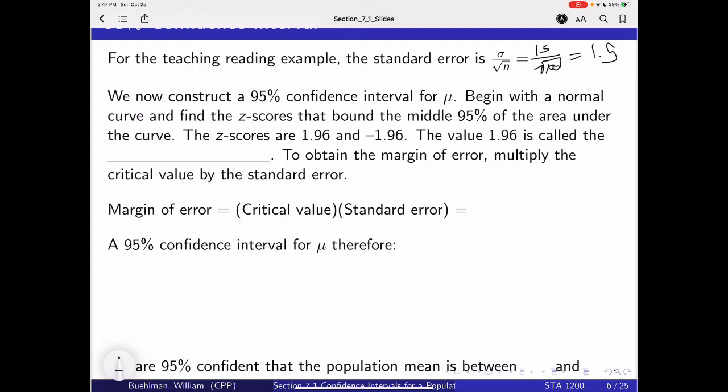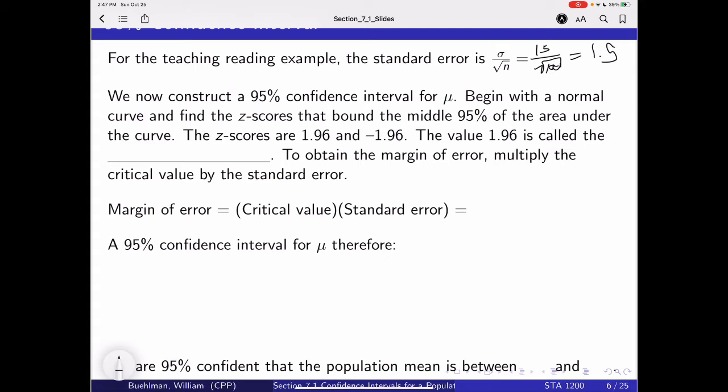We now construct a 95% confidence interval for the population mean mu. Begin with a normal curve and find the z-scores that bound the middle 95% of the area. So remember, this is the middle 95% under the curve. The z-scores are negative 1.96 and positive 1.96.